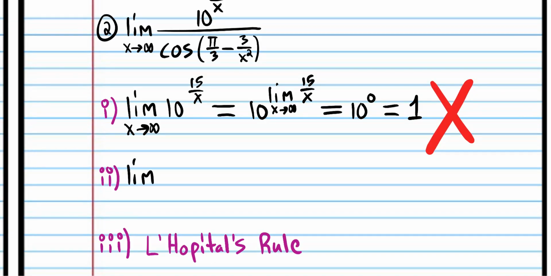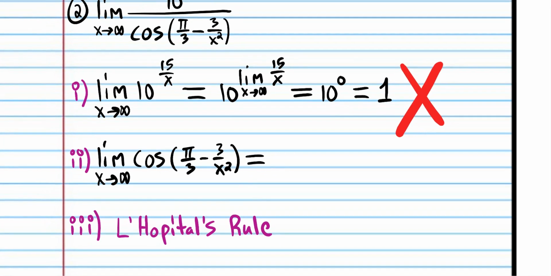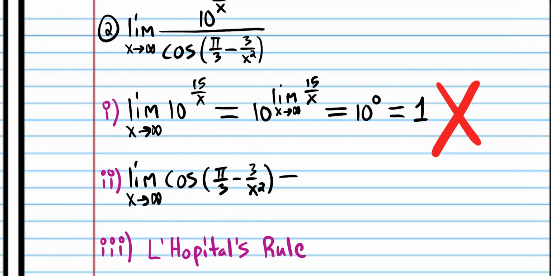And just for good measure, let's figure out what happens to the denominator. We don't really have to, but we're going to use the information eventually anyway, so I guess we need to find what the limit would be. So we can do the same thing. We can use limit law number 7 and put this limit inside here. But again, we don't really need to do that. We know that as x gets bigger and bigger, this fraction is going to approach 0.